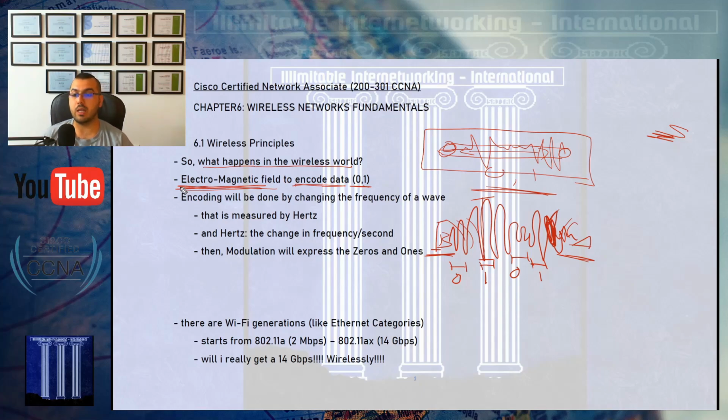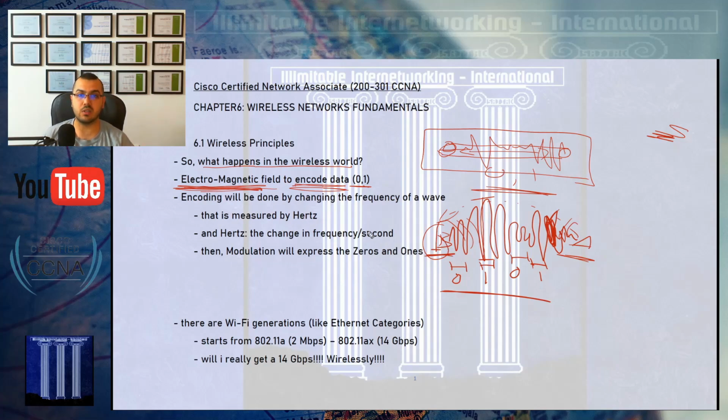But basically, an electromagnetic field is generated to encode some zeros and ones from point A, and when point B receives those zeros and ones in an electromagnetic shape, it decodes them back to zeros and ones, because point B will receive high frequency, low frequency, high frequency, low frequency, which are ones and zeros.